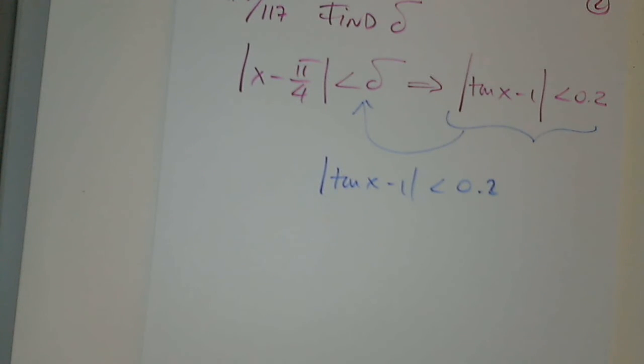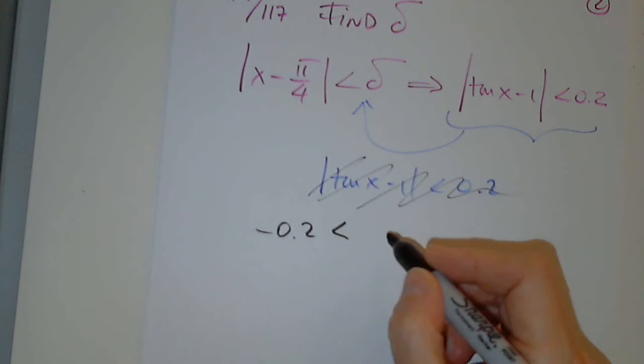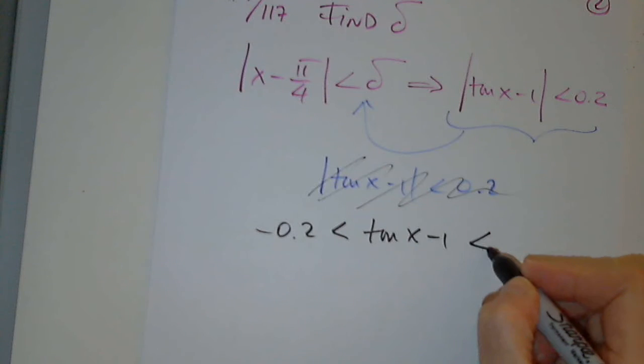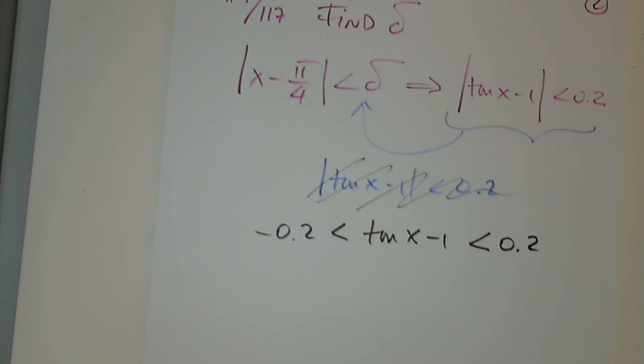I don't know how to solve this if I don't know how to convert it into something simple that I can solve. How do I convert that? Excellent. Thank you. Negative 0.2 less than tangent x minus 1 less than 0.2. This is the correct translation of that absolute value inequality. Great job.